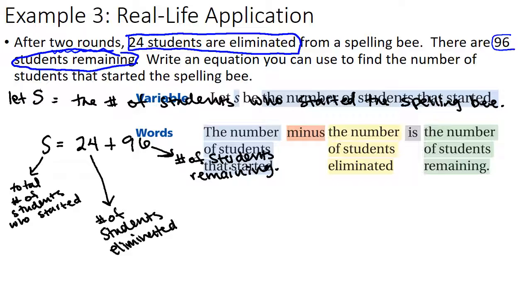A second way that we can set that up is to say that S minus 24 is going to be equal to 96.